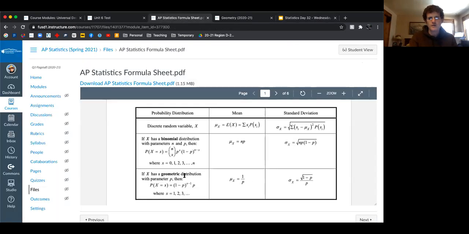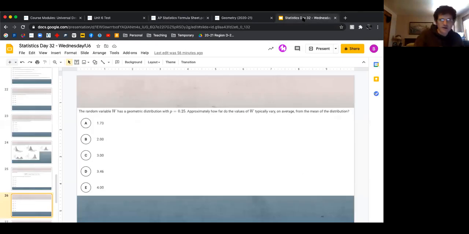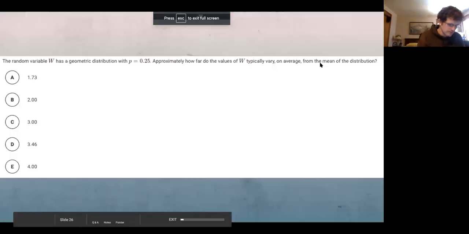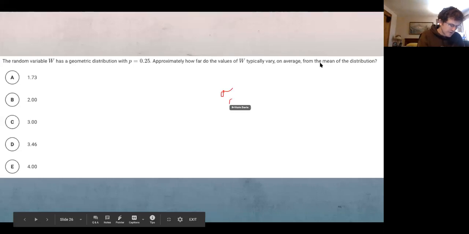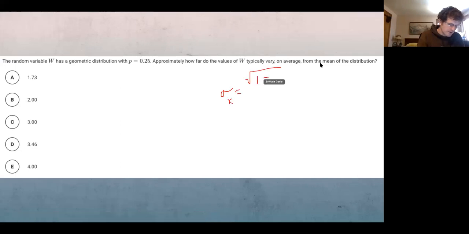Because when we look at the standard deviation for a geometric distribution, we've got that right there. So if I copy that formula over, I'll project this again. So the standard deviation of this random variable is going to be the square root of (1 minus p) over p.